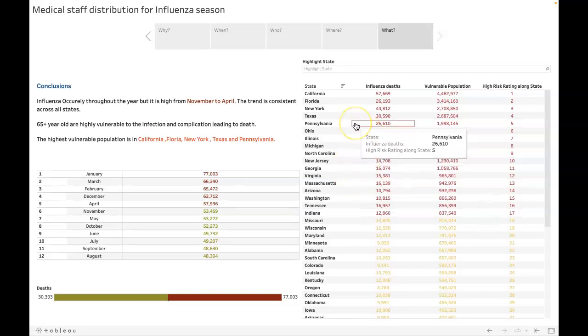These would be our target time and target states for the allocation of additional medical staff and to help hospitals tackle influenza mortality, hospitalization, and complications.